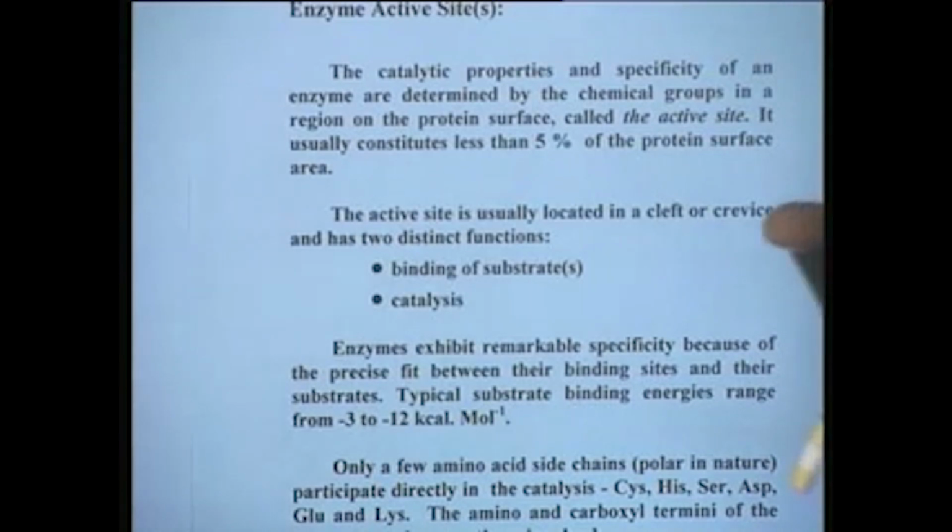Now, I am considering the active site as a combination of two functional entities. One is the substrate binding site, plus the catalytic site. Enzyme protein, as some of you may be aware, has a number of ligand binding sites. Substrate binding sites are one of them, and the active site essentially consists of the substrate binding site plus the catalytic site.